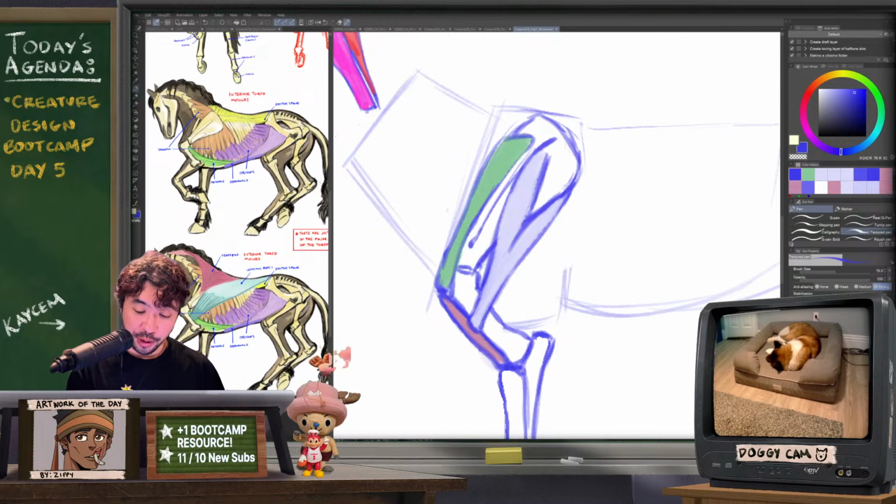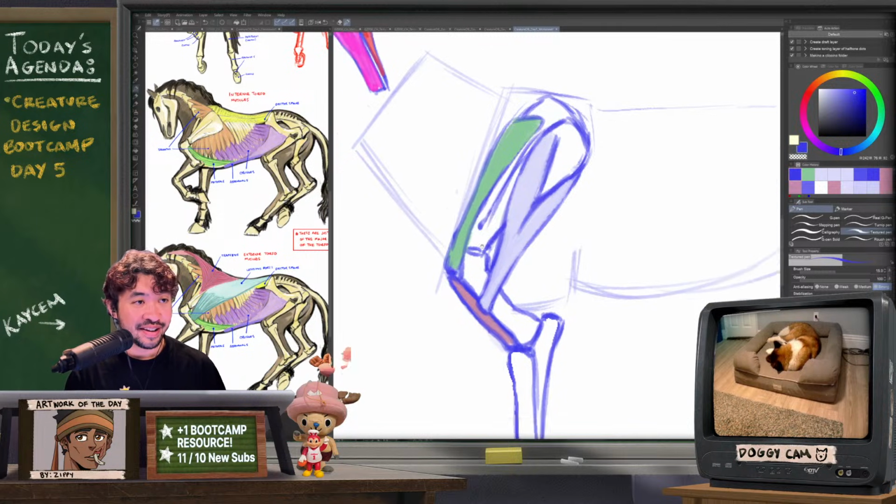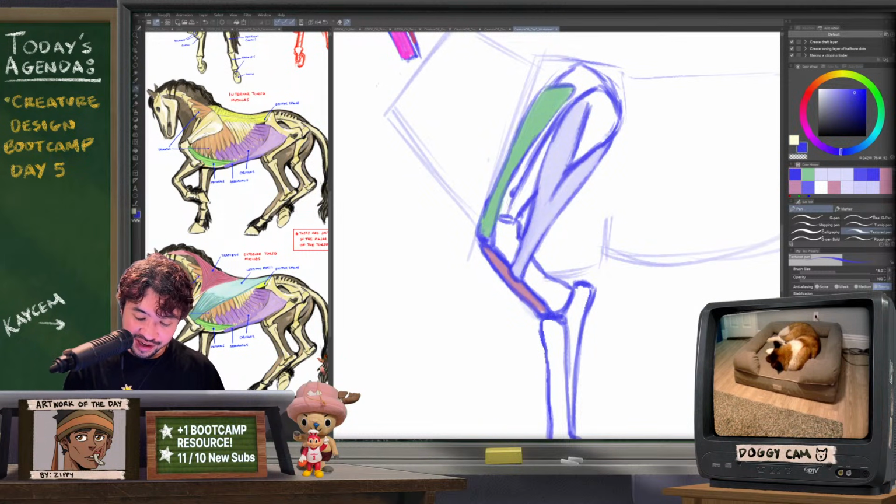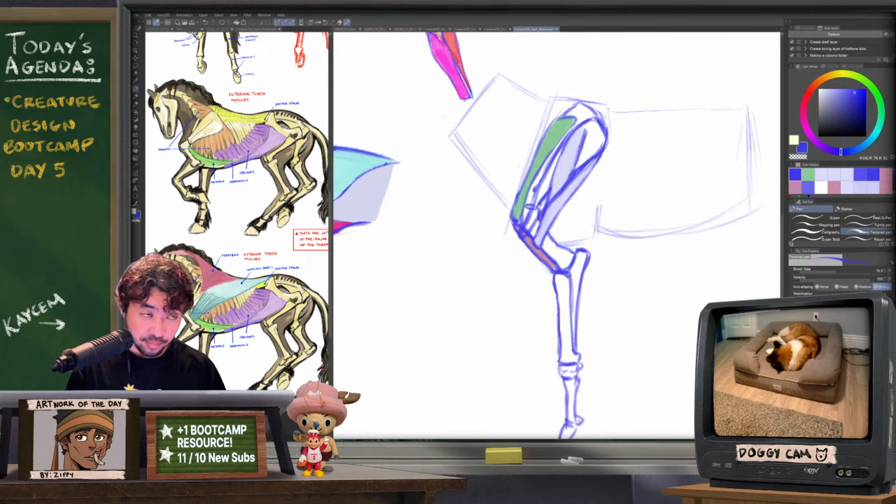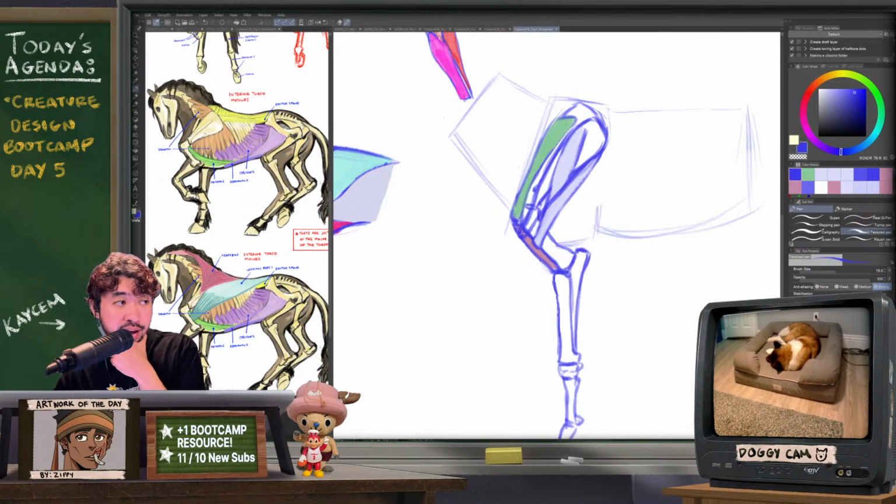The wild part, though, is that for some reason, and I kid you not when I say, there's not a lot of art resources that teach animal anatomy. There's a few, obviously. I don't want to discredit anybody. There's a few, but there's not a lot. And so a lot of how I've learned the anatomy is straight up from watching vet videos on YouTube and looking at vet medical websites.